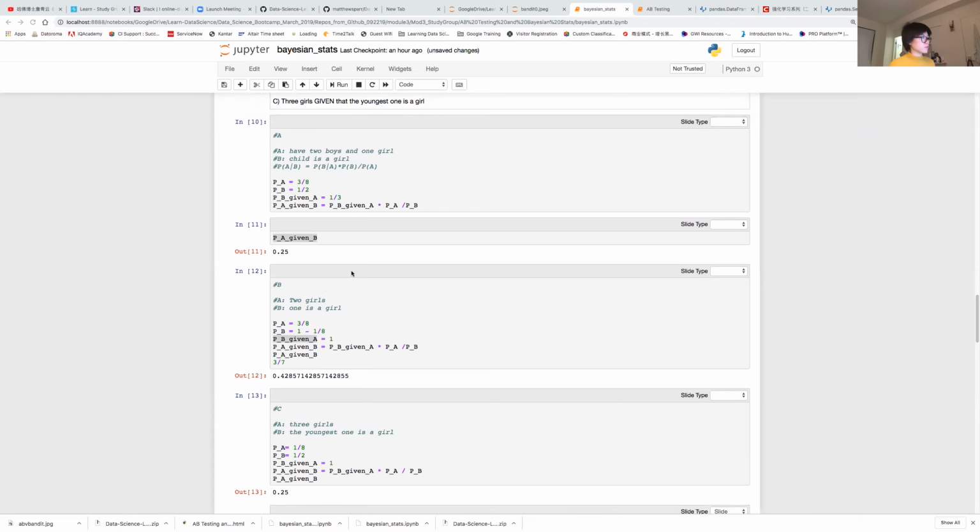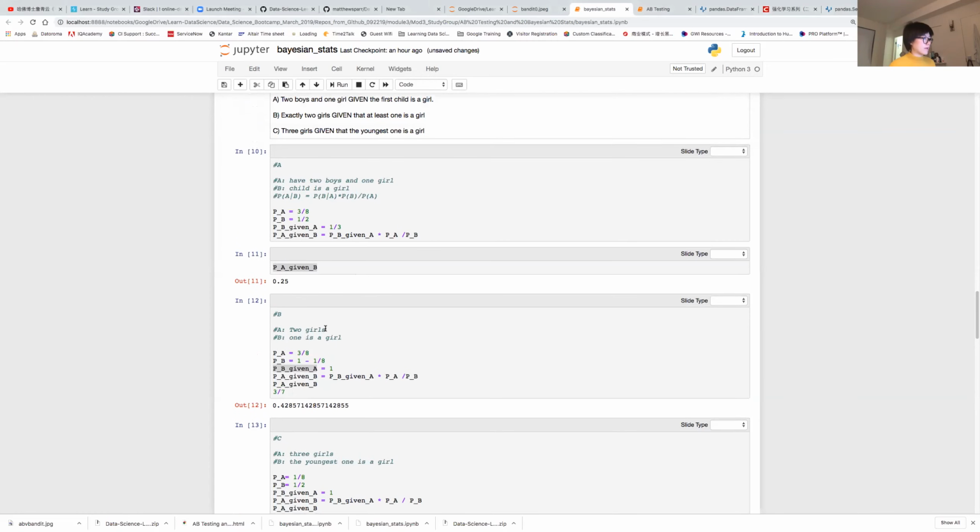So similar to the first one, A will be if we have 2 girls, and B is at least 1 is a girl. So probability of A is actually the same as the last one. If we have 2 boys and 1 girl, we can use Bernoulli's formula. You can write all your options, but I'll just do this.